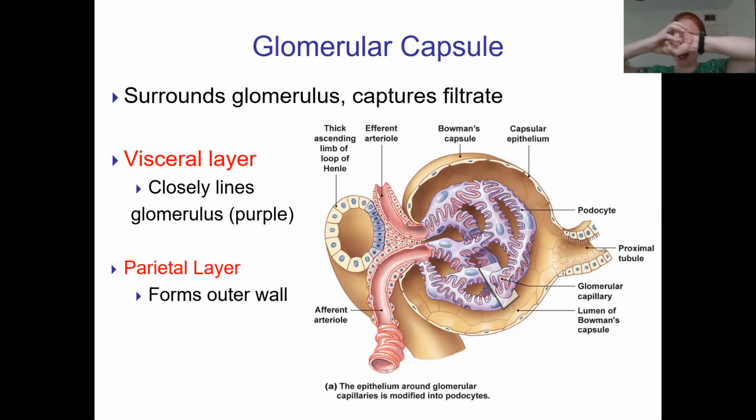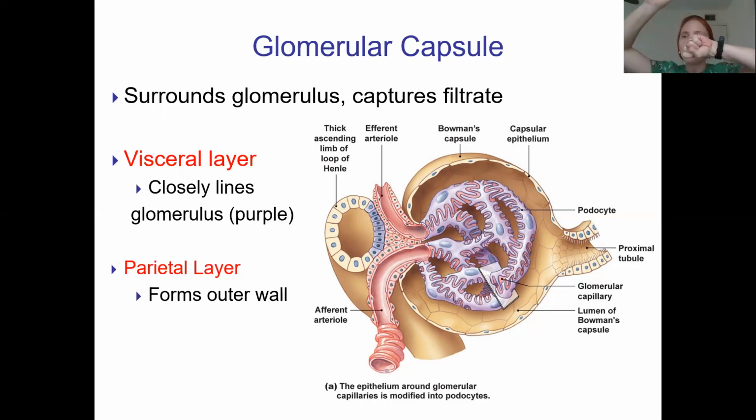We've seen that word visceral before when we talked about serous membranes. You have the one that closely lines the organ, like the visceral pleura closely lining the lungs. Okay, it's the same idea here. So we have the glomerulus, which is a knot of blood vessels, and then directly stuck on the outside of that would be the visceral layer of the glomerular capsule.